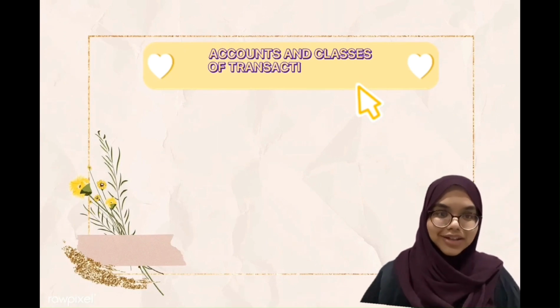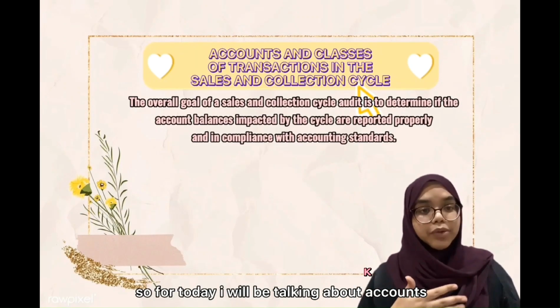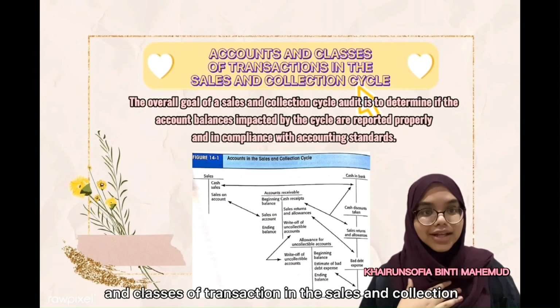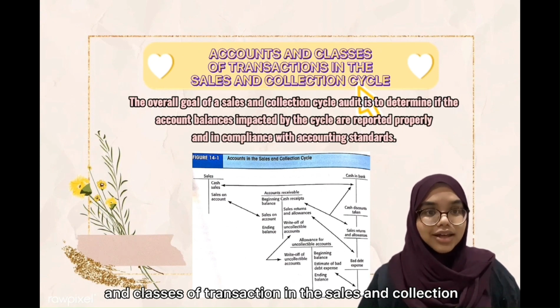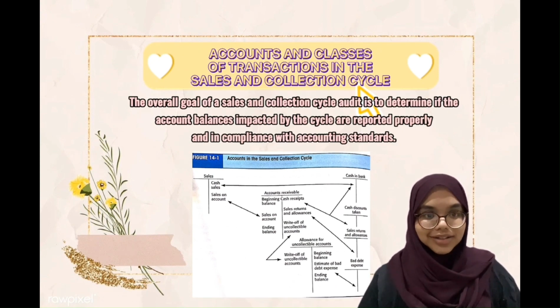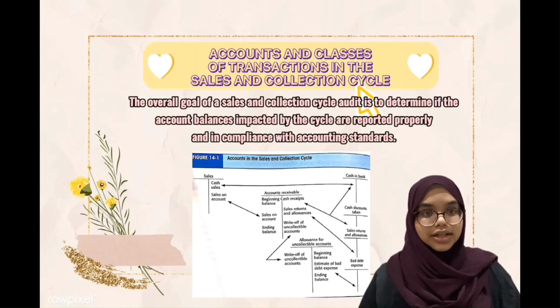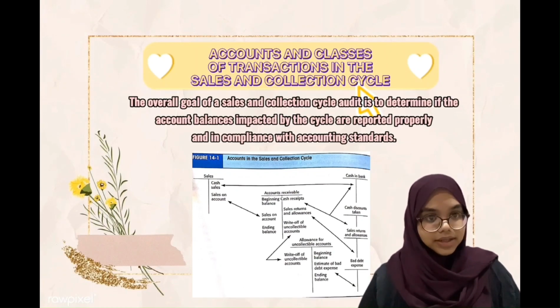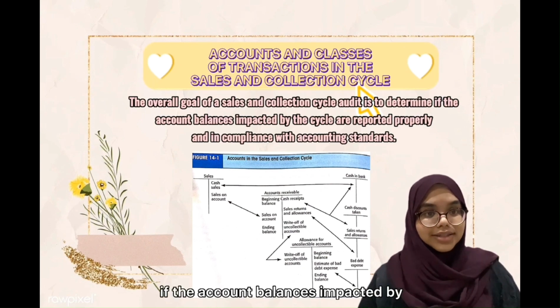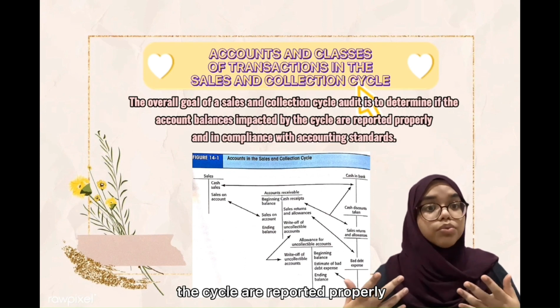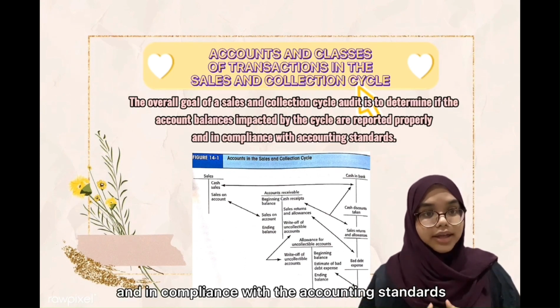Hello everybody. For today, I will be talking about the accounts and classes of transaction in the sales and collection cycle. The overall goal of a sales and collection cycle audit is to determine if the account balances impacted by the cycle are reported properly and in compliance with the accounting standards.